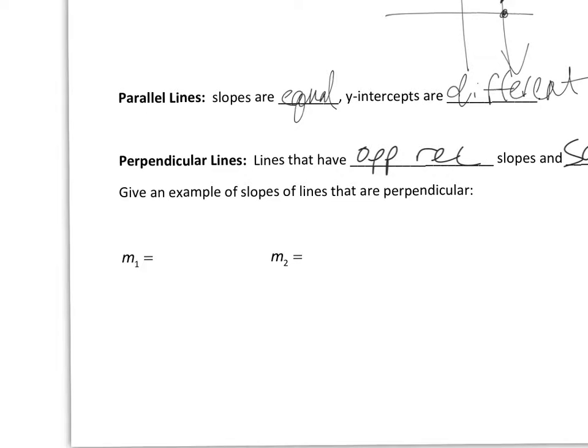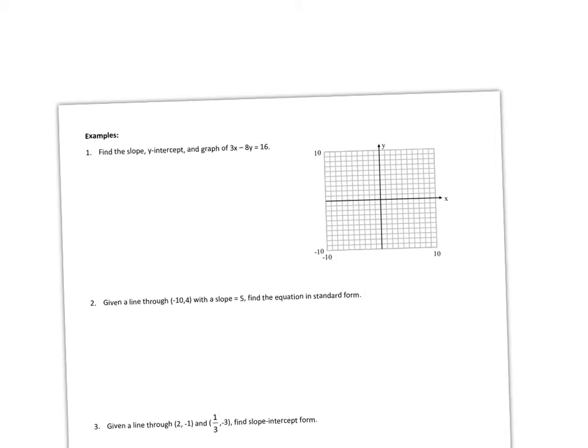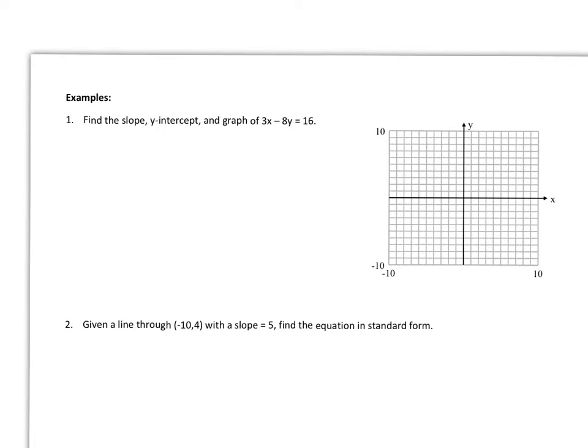Here's an example: let's say 2/3 is the slope of one line. Perpendicular to it, the slope is going to be the opposite, so we make it opposite and then flip it, and I get 3/2. Done. Okay, moving on.